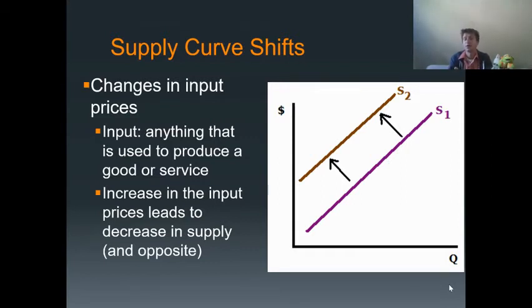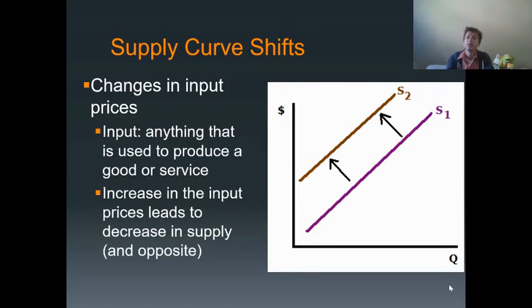And remember what I said about the left and right shifts. They apply the same as demand did. So a left shift is a decrease in supply. A rightward shift is an increase in supply. Remember, always do left and right, not up and down. So left decrease, right increase. What's being illustrated here on this slide is a decrease in supply if you go from S1 to S2.